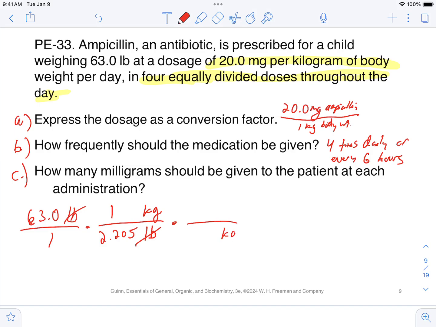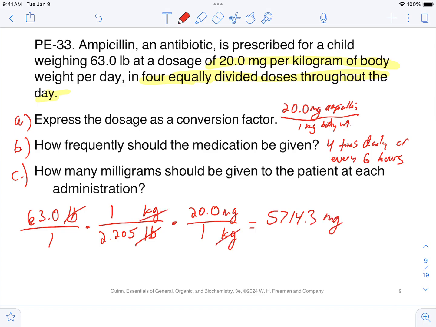We're still crisscrossing kilograms of body mass and then the milligrams of ampicillin. And we know that's 20.0 and then 1 kilogram. That's our dosage. And that equals, I'm not rounding or anything yet. I'm going to write the full number.